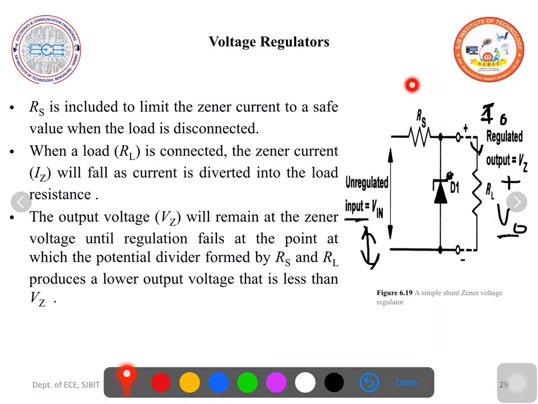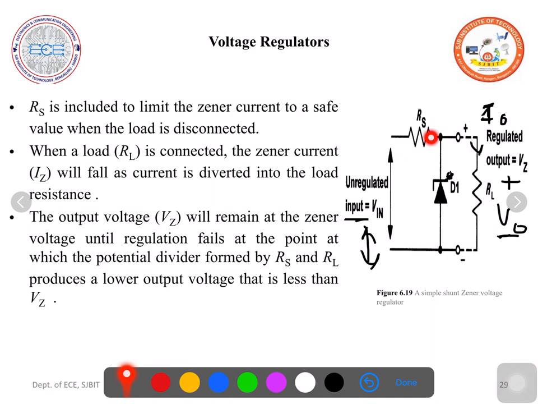Here there is one more current limiting resistance or series resistor. This series resistor is included in the circuit to limit the Zener current to a safe value when the load is disconnected. Suppose when there is no load, the high current should not flow through the Zener diode and spoil it. So to limit the current flowing through the Zener diode, we use a series resistance or current limiting resistance.